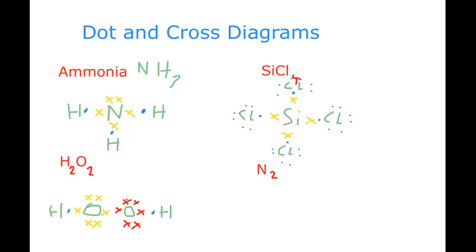This will be the structure for H2O2. Now nitrogen, nitrogen forms 3 bonds. And nitrogen has 5 electrons in its valence shell.